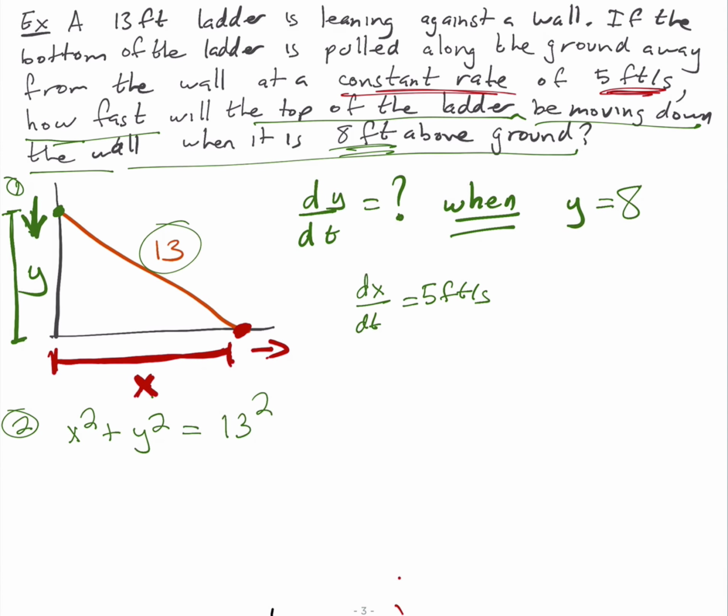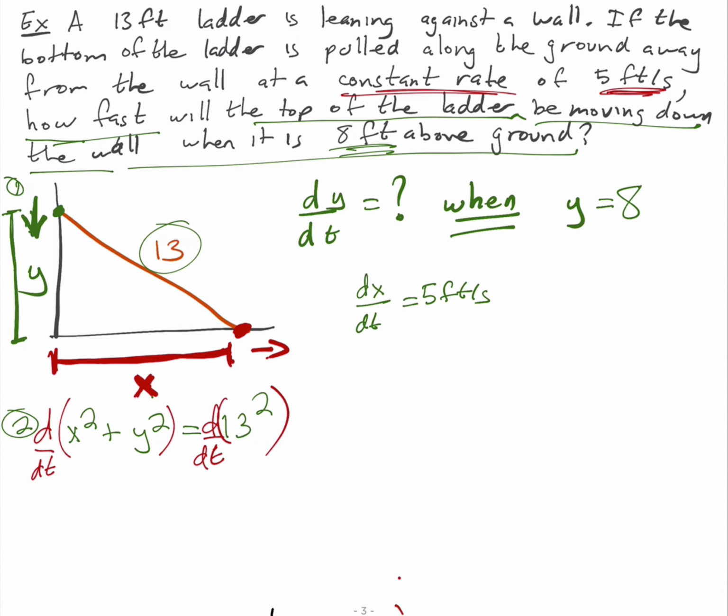Alright, so then what do we do next? Derivative of both sides. You could solve for y if you wanted to, but typically it's easier to just get the derivative implicitly, because if you solve for y, then you have radicals. But that would work too.